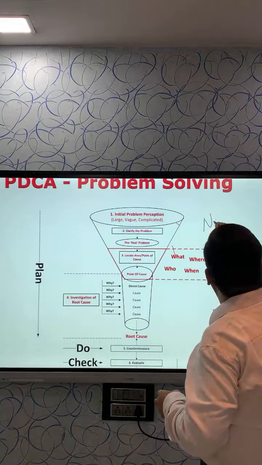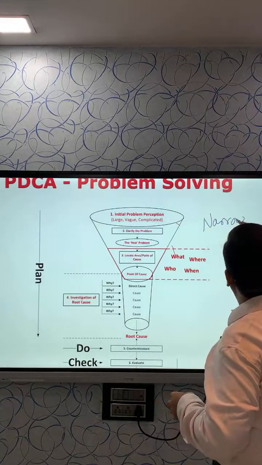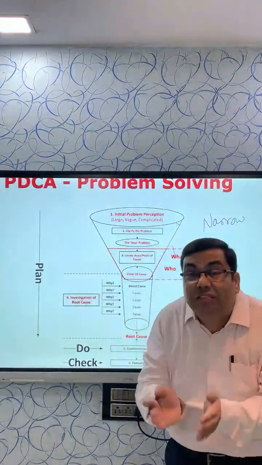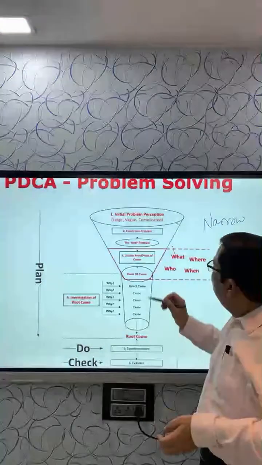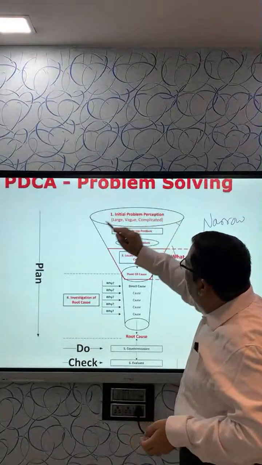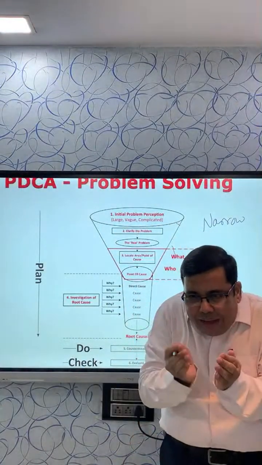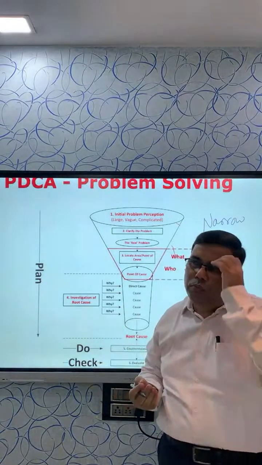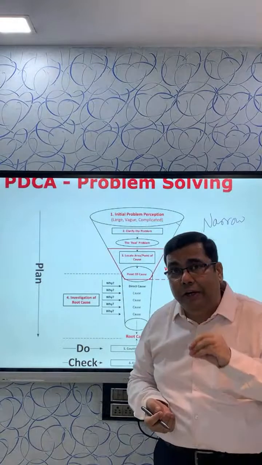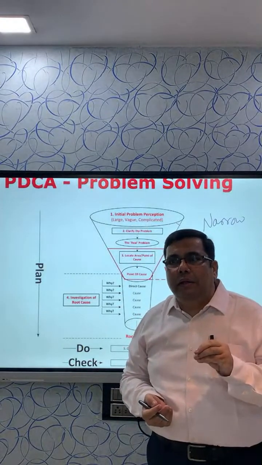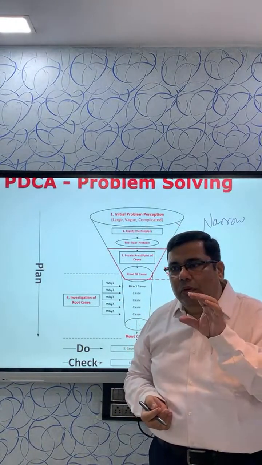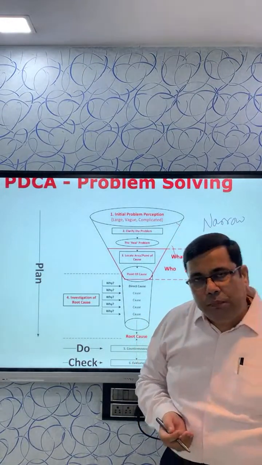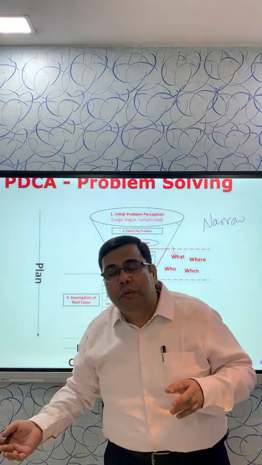So we need to focus on the topic and narrow the search. Suppose you got a complaint or any problem, you have to narrow it. You have to understand what the problem is, because most of the time, if it is a market complaint, you will get complaints from different terminals that the product is not the same product, that the product looks different.